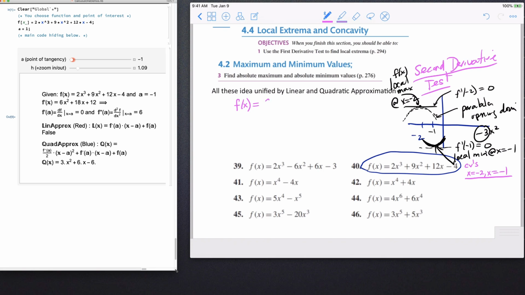So notice that our function was 2x cubed plus 9x squared plus 12x minus 4. And therefore, if you compute the first derivative to be 6x squared plus 18x plus 12, and then compute the second derivative, you will get 12x plus 18.